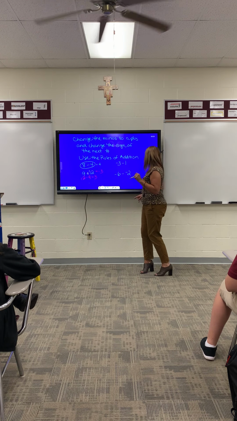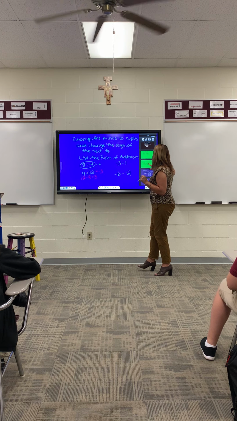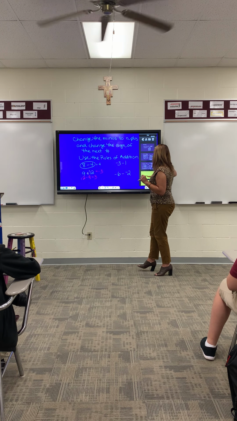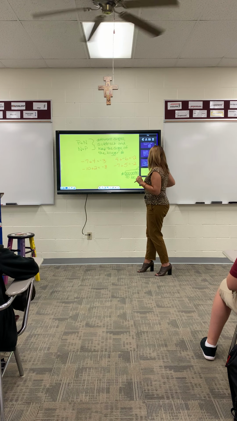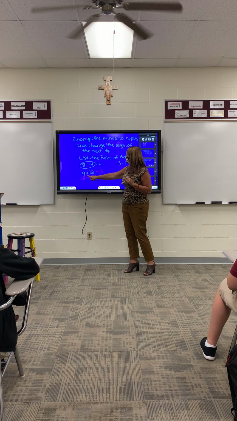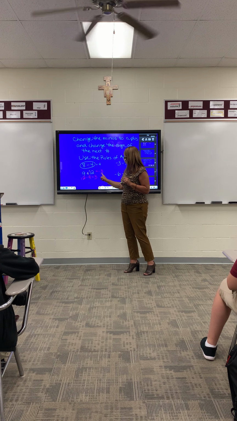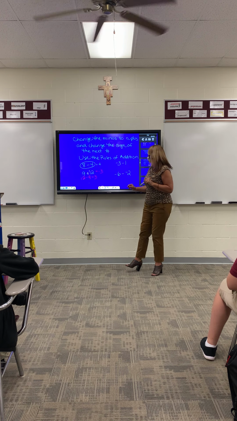And if I go back to the rules of addition, 9 plus negative 12 says, if the signs are different, I subtract and take the sign of the bigger number. So 9 plus negative 12, subtract 3, take the sign of the bigger number, which is negative. Okay?